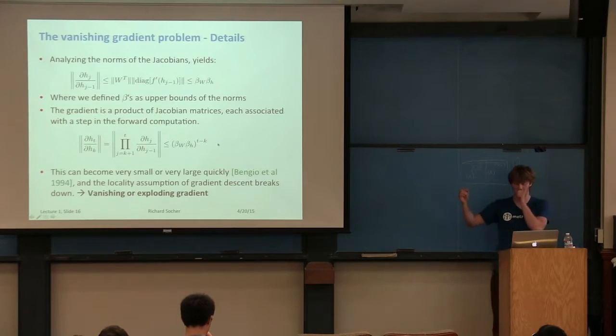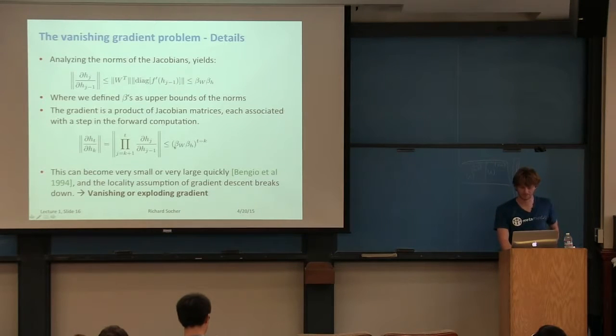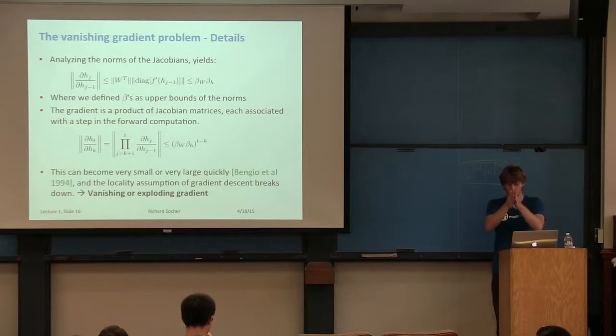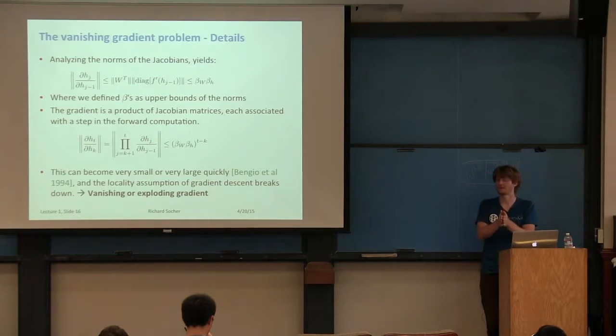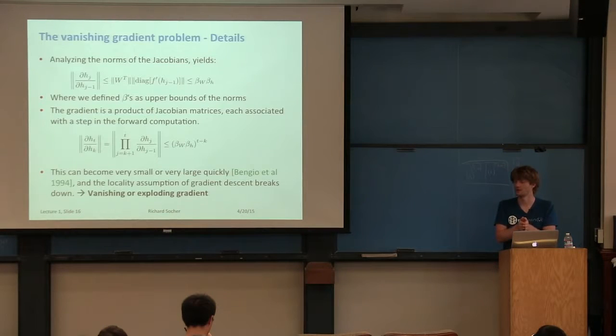So now if your k is very small and your t is very large, you basically have a very large exponential. If now your beta W, the norm of your matrix, the elements of your matrix are very small, then you will quickly take the 100th or 200th power of that very small number, and it very quickly goes to 0.